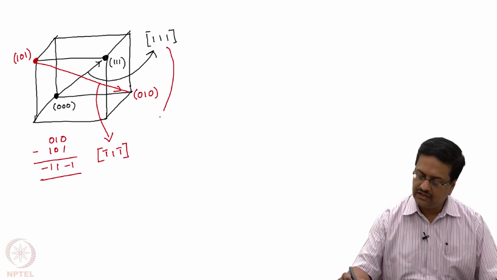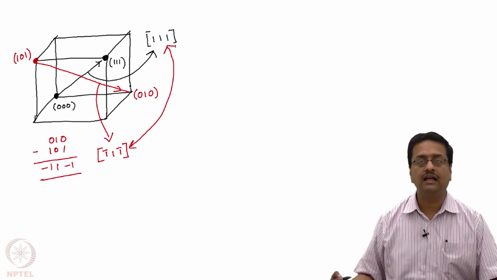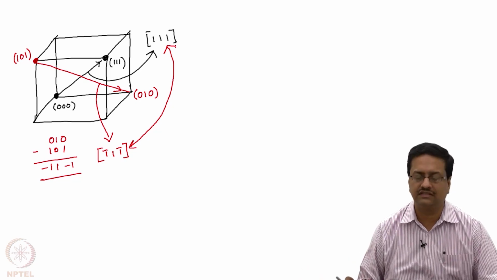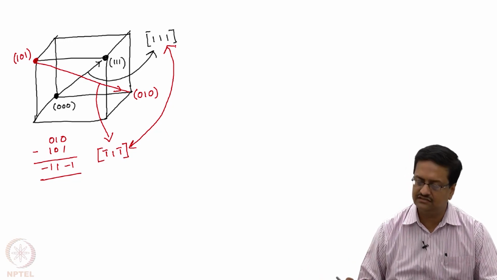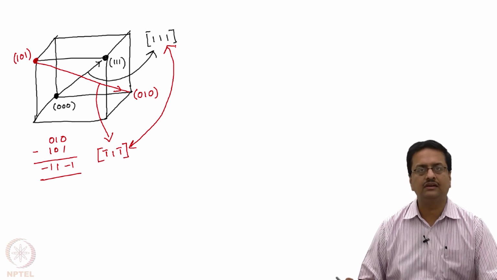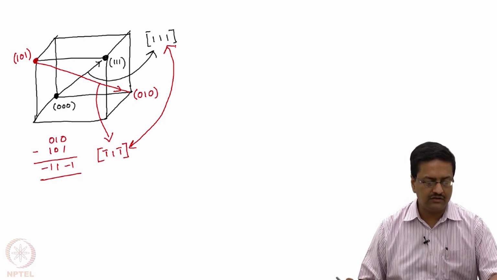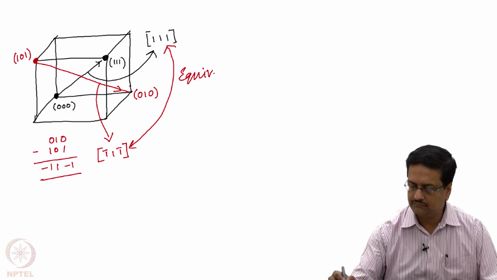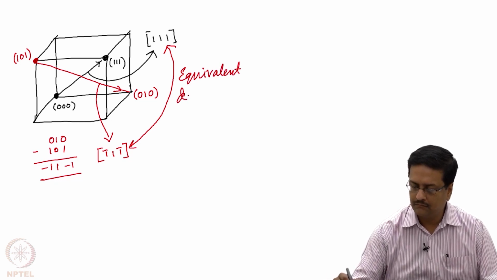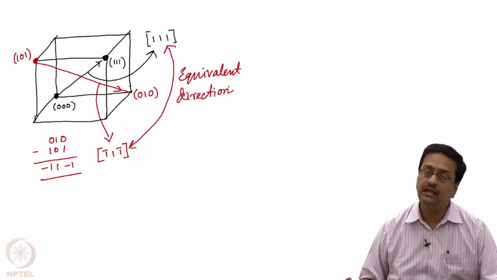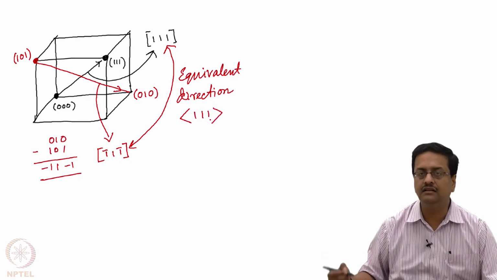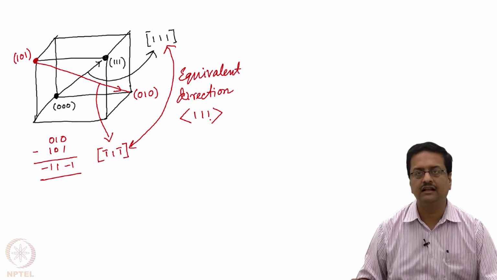Now you compare these two directions. They have the same indices 1, 1 and 1 with a different sign, minus in two cases, and they are body diagonals. So these body diagonals are equivalent directions, and they can be represented as 1, 1, 1 within this greater than and less than sign.